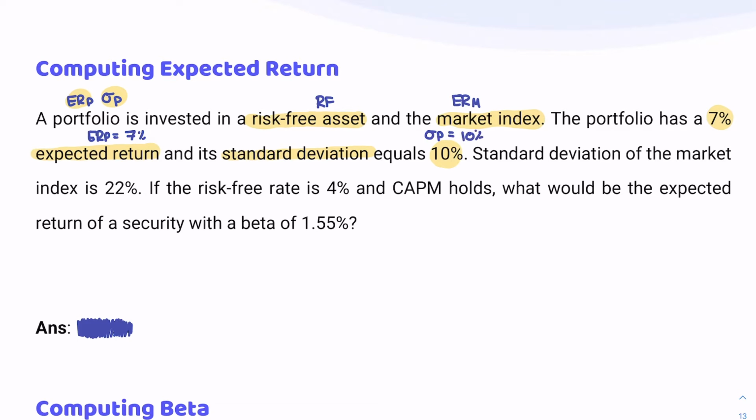The standard deviation of the market index is equal to 22%. Okay, so maybe this may be useful to us afterwards, but we want to know that the market index is 22%. So our sigma M, which is how I call it, even though it's kind of wrong, is 22%. And we know that the risk-free rate is equal to 4%.